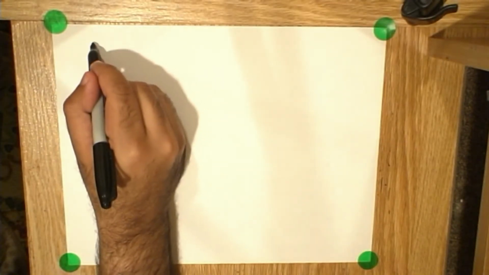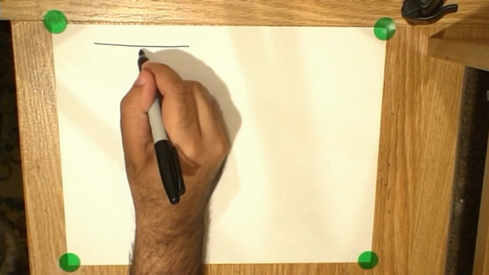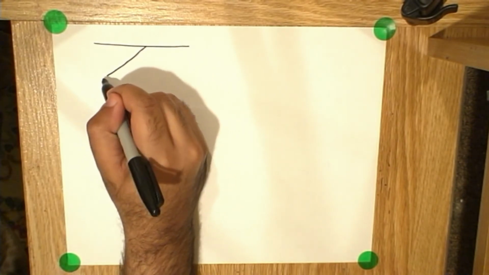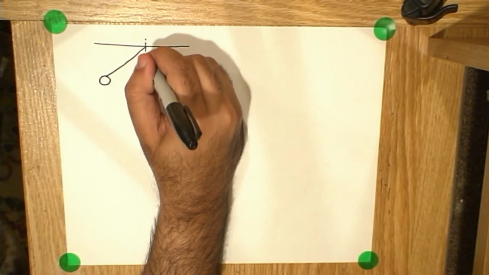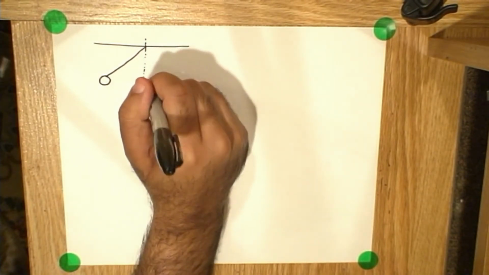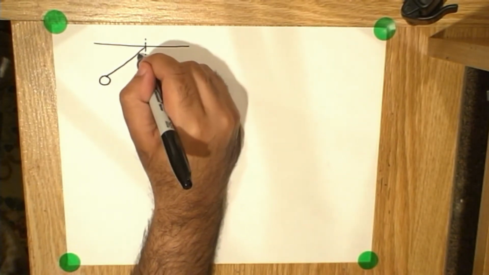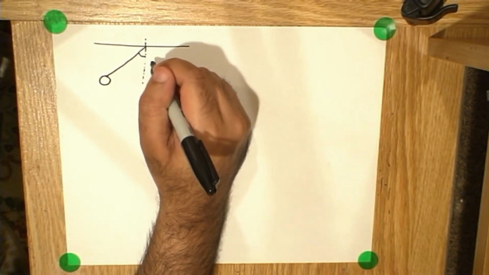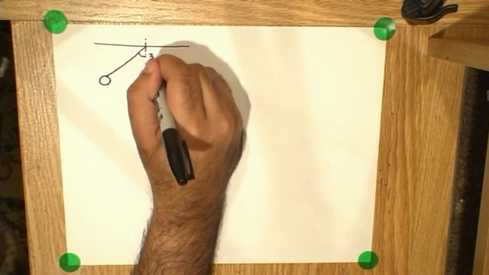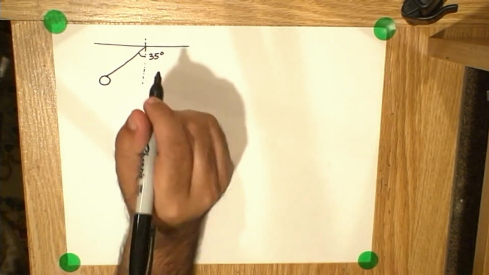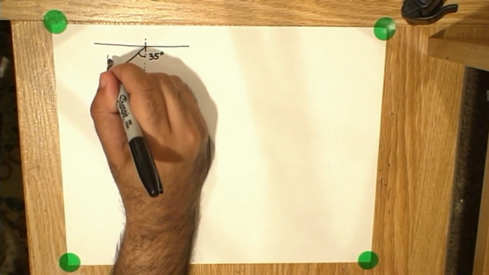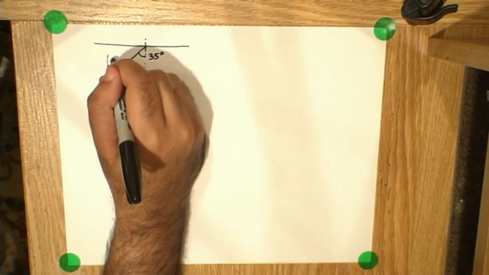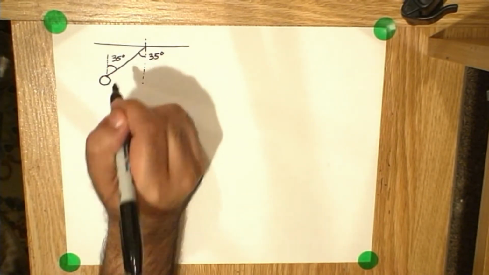In this question, we have a ball which is dangling from a rope which is attached to the ceiling. The angle that the rope makes with the horizontal, or rather the vertical, is 35 degrees, which interestingly enough is also going to mean that the angle of the rope with respect to the ball is also 35 degrees.